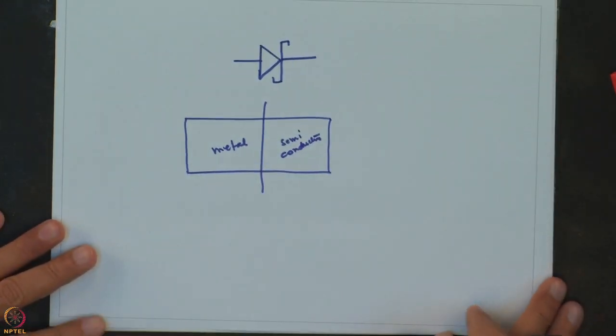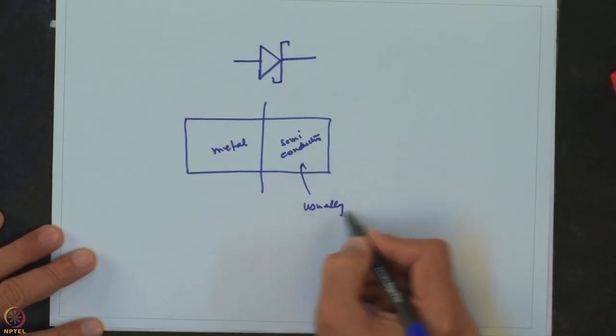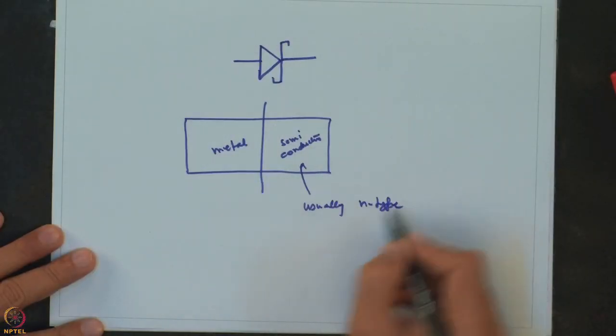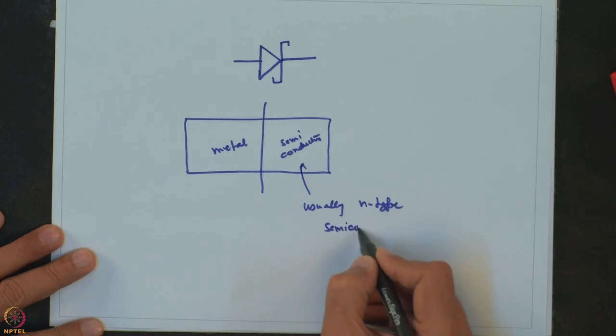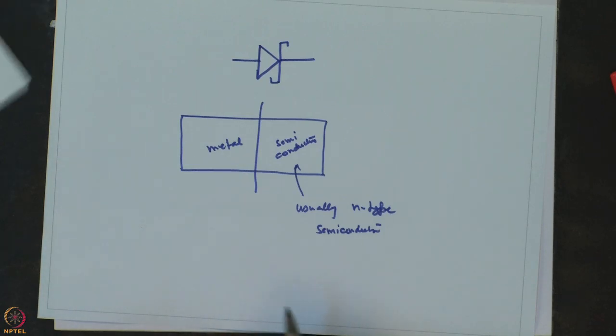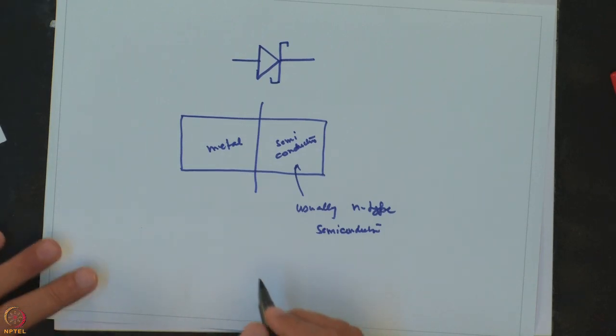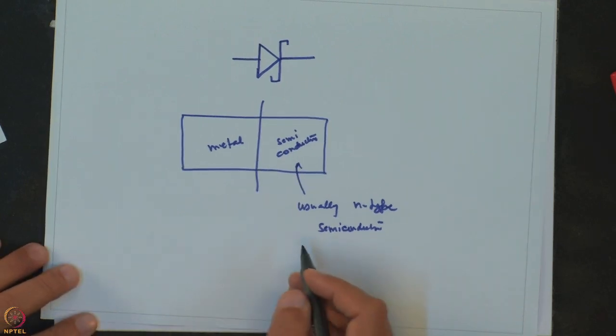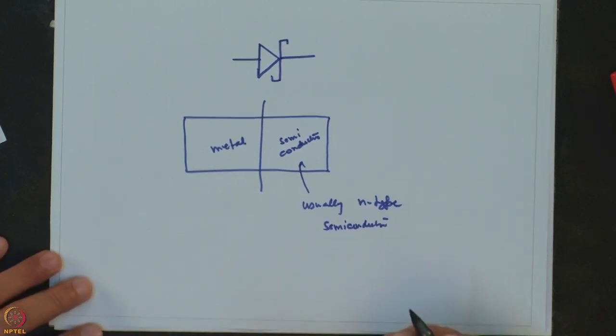Usually both N or P type semiconductors can be used, but in practice it is the N type semiconductor which is preferred. The metal usually used for the Schottky application could be molybdenum or tungsten, but they have their own advantages and disadvantages.